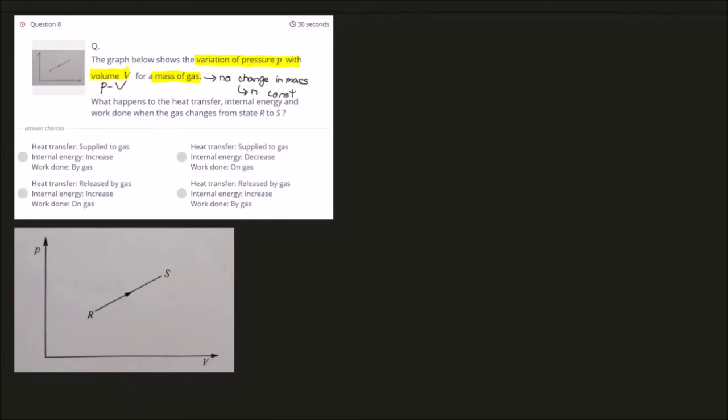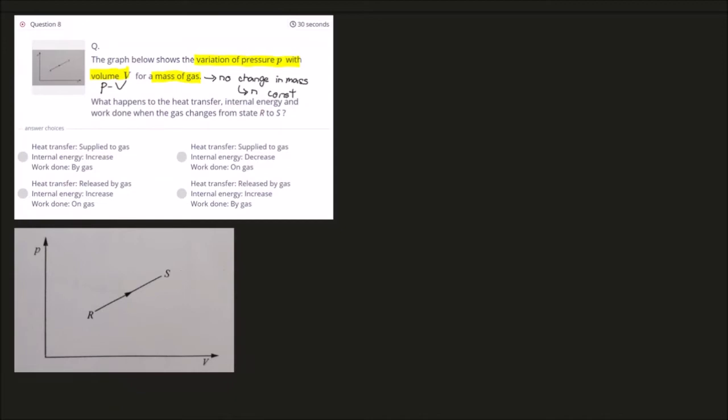So what happens to the heat transfer, internal energy, and the work done when the gas changes from state R to state S? If you look at the diagram here, R will be here, S will be here.